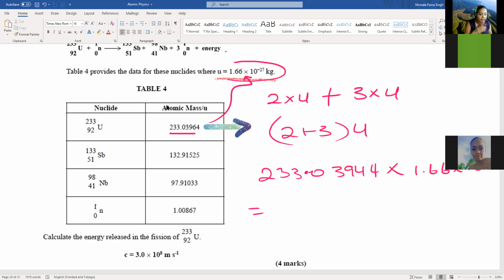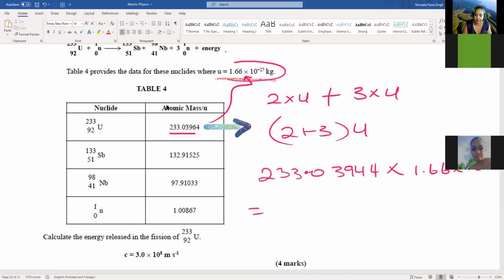The only reason why we don't round to 2 decimal places is because the values are so very small, we need to take them into consideration. So 233.03964 by 1.66 by 10 to the minus 27. If I were you, I would try to keep as many decimal points as possible.